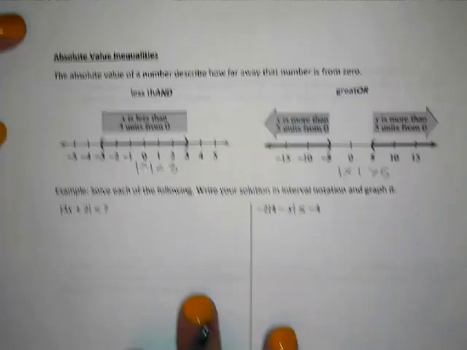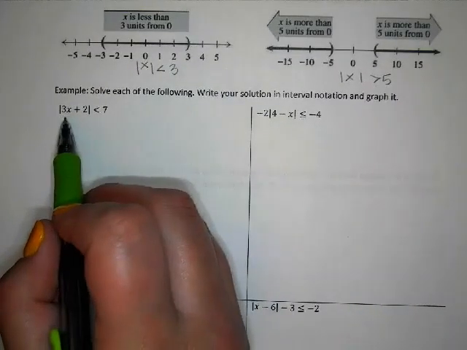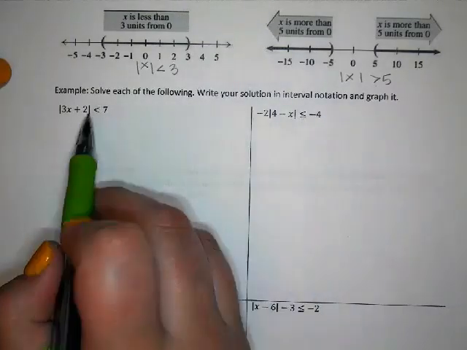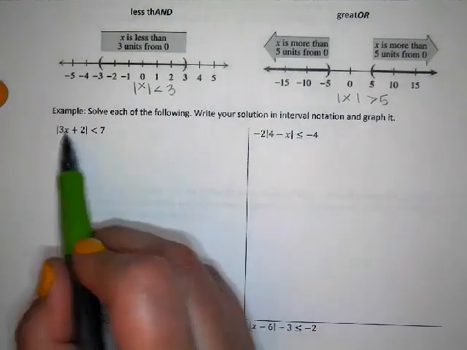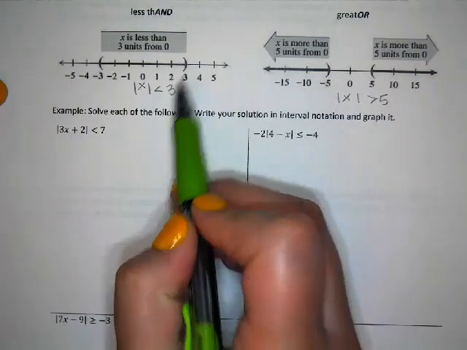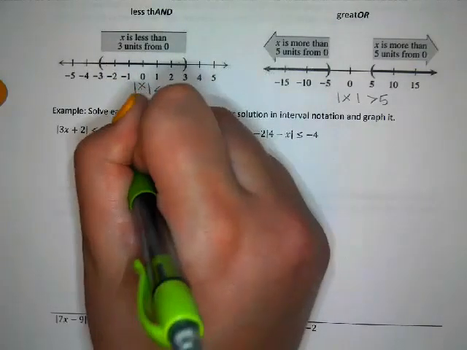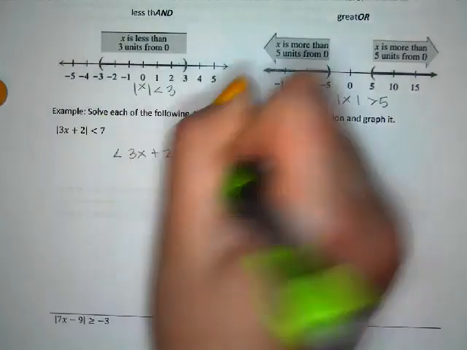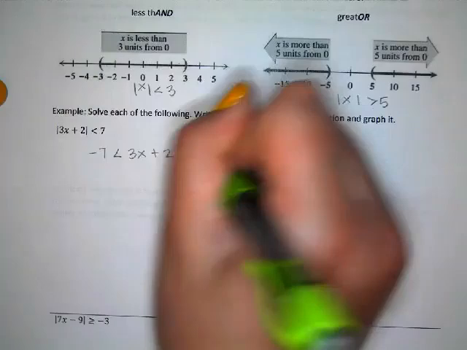Okay, so let's go ahead and try the first example. It says the absolute value of 3x plus 2 is less than 7. So this looks like this right here, which means that 3x plus 2, our unknown, is going to be sandwiched in between 7 and negative 7. 3x plus 2 is going to be sandwiched in between negative 7 and positive 7.